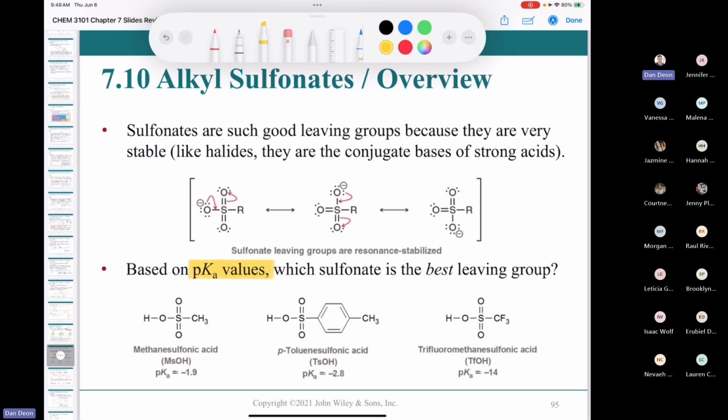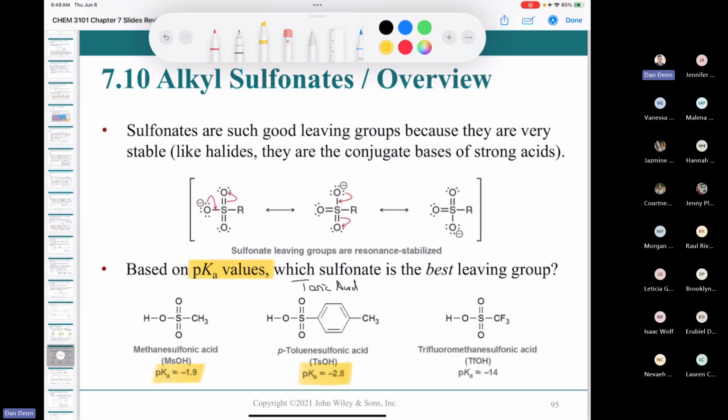You get methane sulfonic acid, right? That's the acid that produces the mesylate. You see its pKa is less than 0. Therefore, it's a strong acid. Therefore, the mesylate is a good leaving group. If we look at toluene sulfonic acid, sometimes we call this tosic acid. Its pKa is almost -3. And then look at this one.